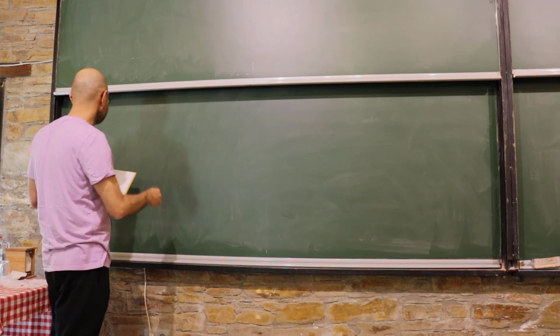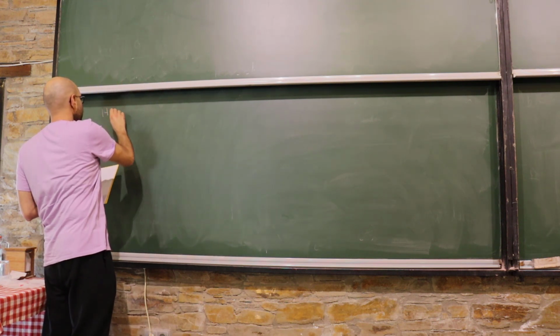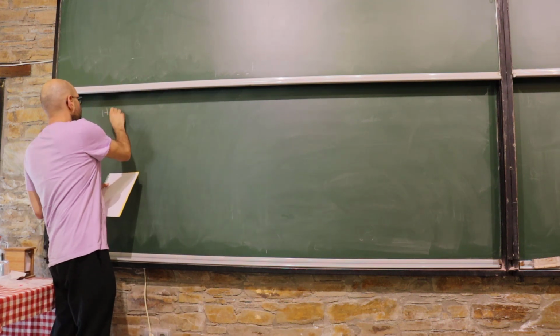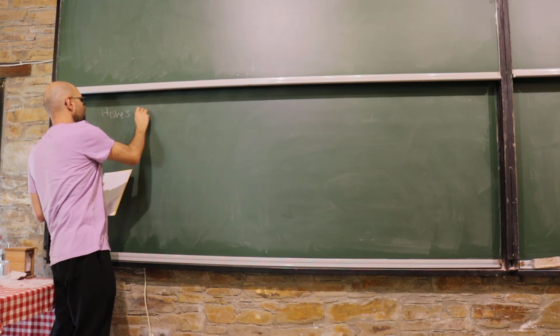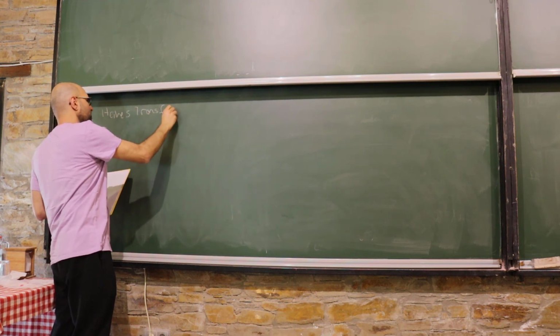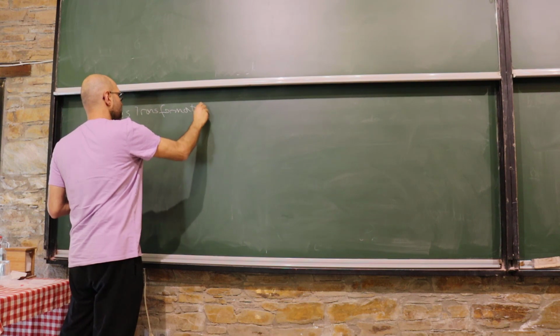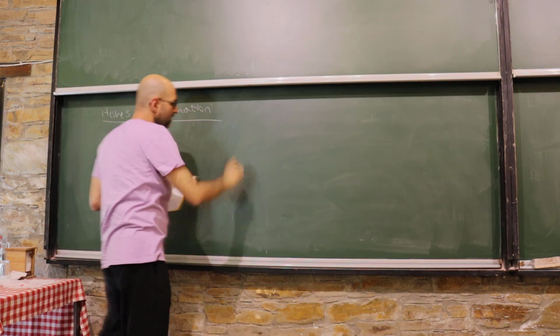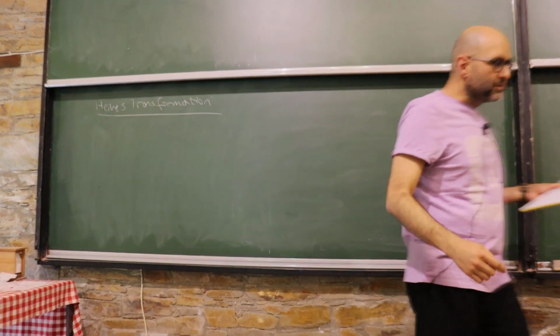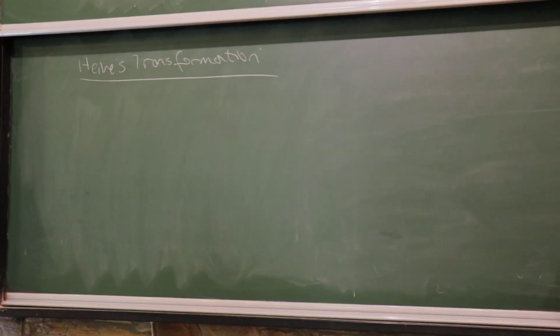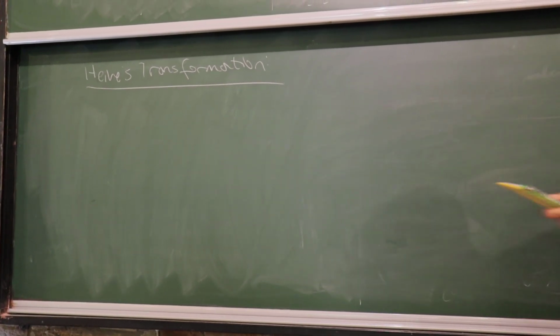So let me rewrite Heine's transformation again. And at many points, we'll make references to the Q Binomial Theorem. I'll write that down when the time comes.